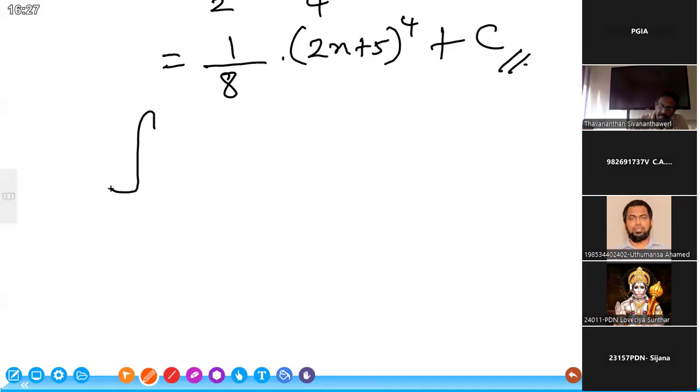Try this one. Integration of x plus 5 to the power 5 dx. Try this.